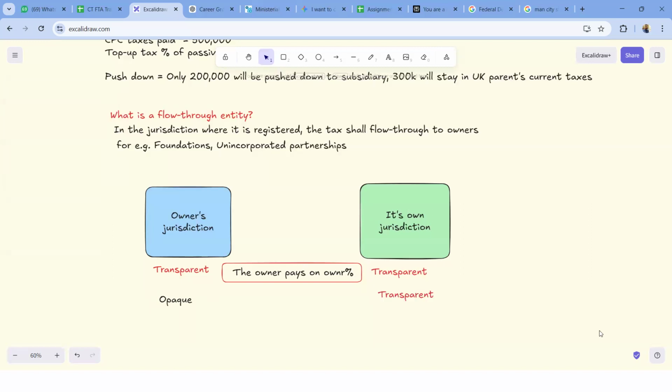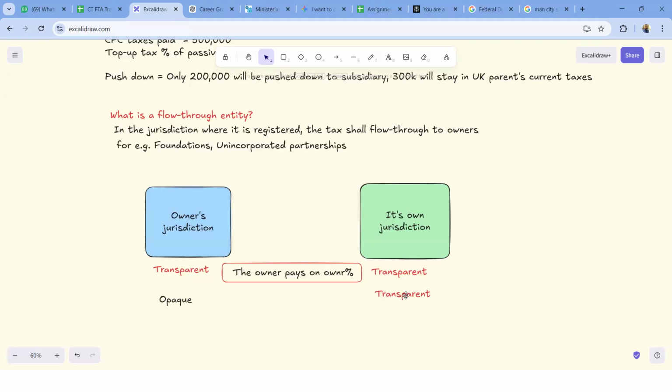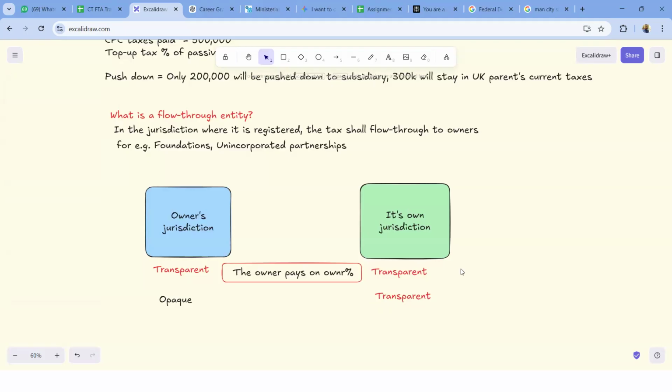In such a scenario, in the owner's jurisdiction, this entity is considered as opaque, that means it's a corporation. And in its own jurisdiction, it says it is transparent, the owners will pay. Then who actually pays? Exactly. The owners would pay in their jurisdiction, correct?